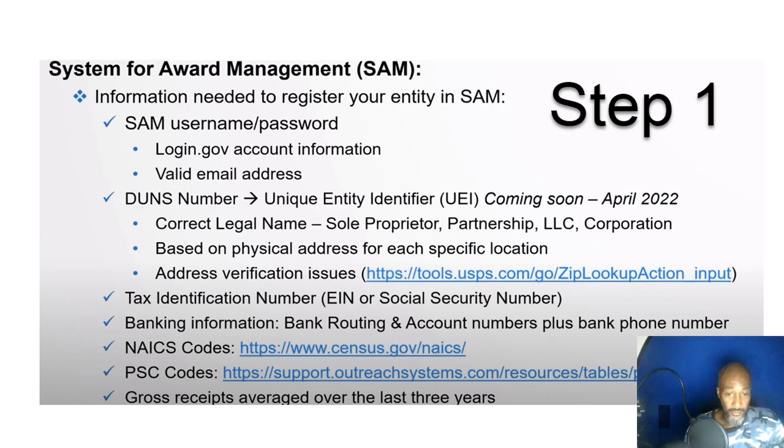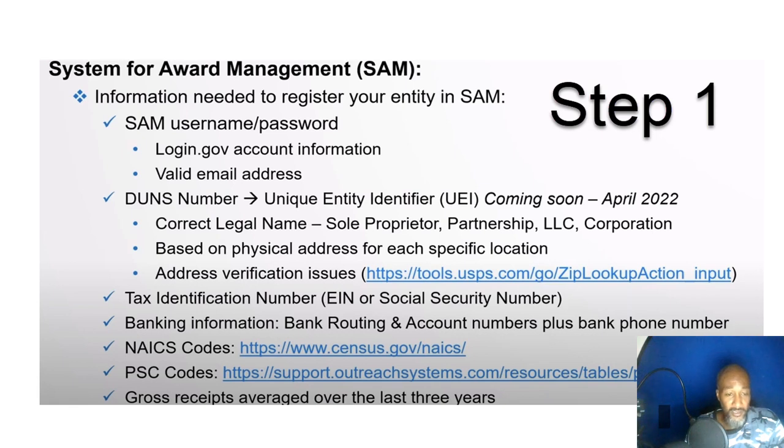Or if you want to do truck driving, put NAICS and then truck driving in Google all at once, and it will bring up the NAICS code for that. PSC codes I really don't mess with unless you plan on selling products.